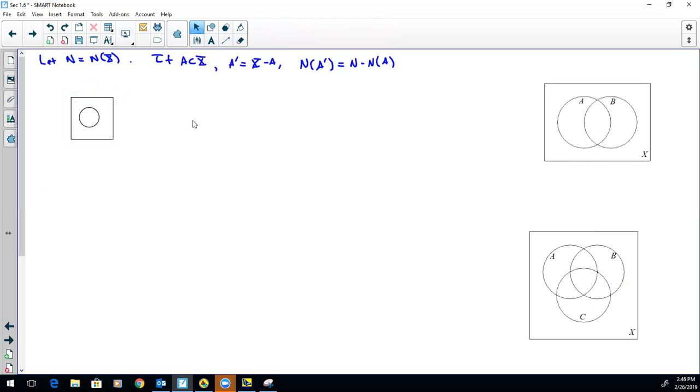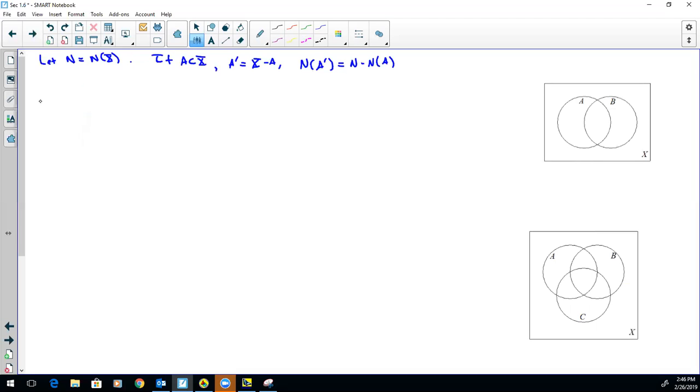Here's my set A, and everything is X. So the number of stuff out here in the complement of A is everything minus what's in A.